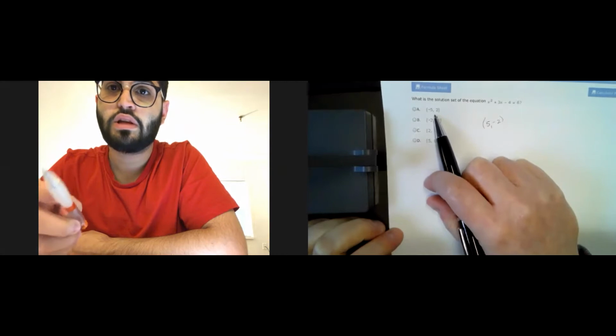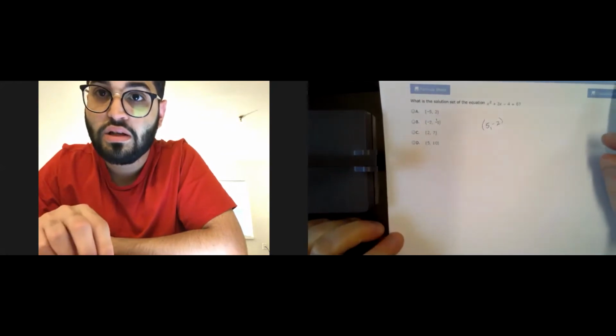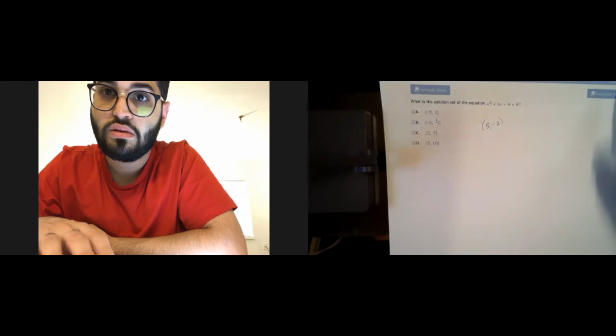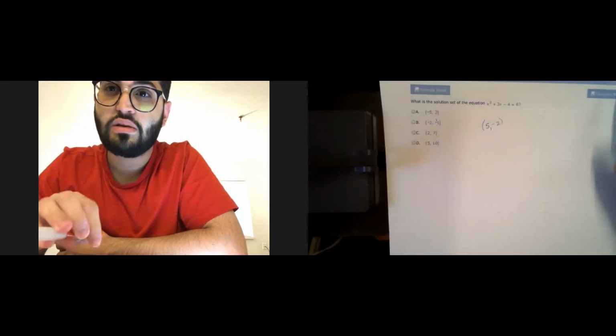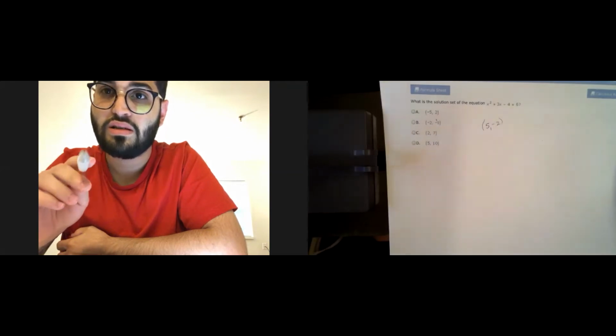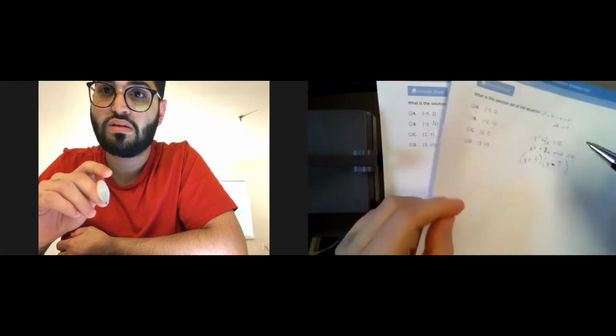Yeah, my girlfriend did it, and she got the answer A. But yeah, I just don't know how to get the solution of the equation. So let me see. I should have this. How do you get a solution like that, to find a slope? Or I don't know if that's a slope. It's not slope. It is factoring.